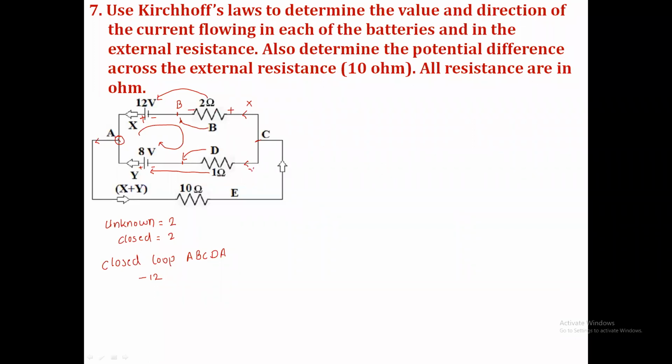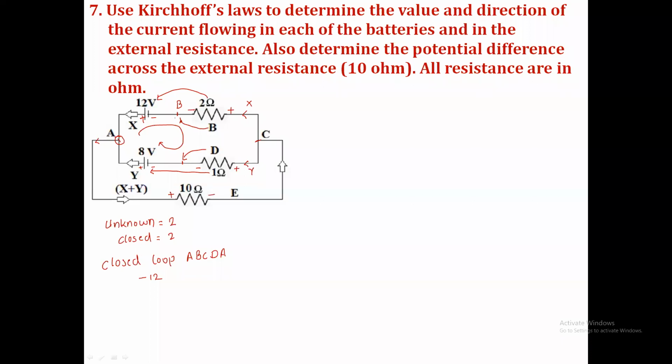Current Y enters the 1 ohm resistance from this end, so this is positive and this one is negative. And the current X plus Y enters this 10 ohm resistance, so this end acts as positive and this end acts as negative.